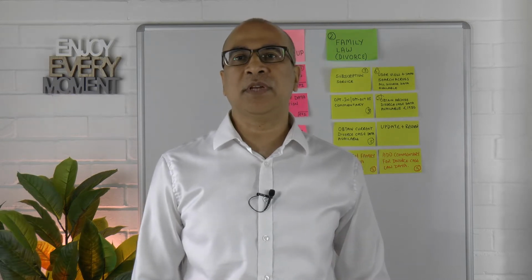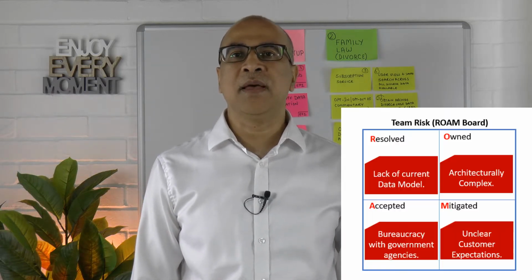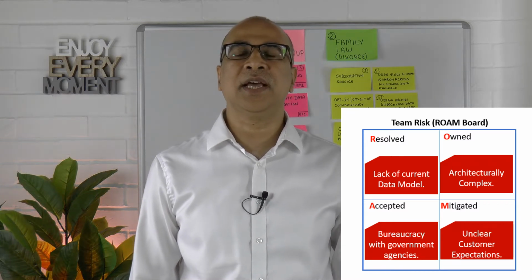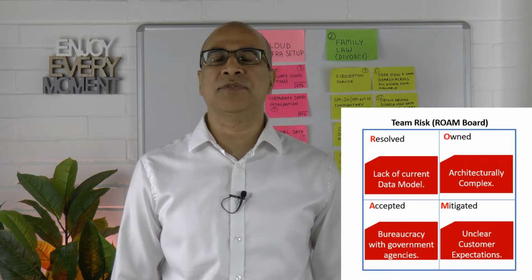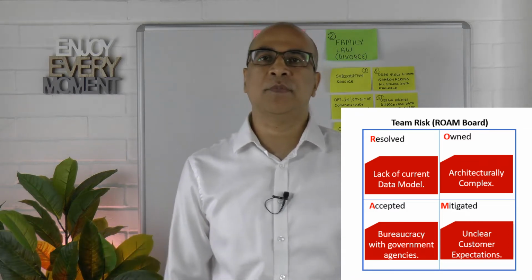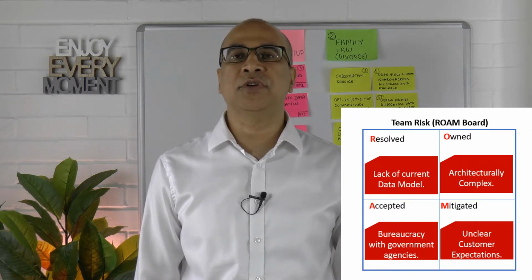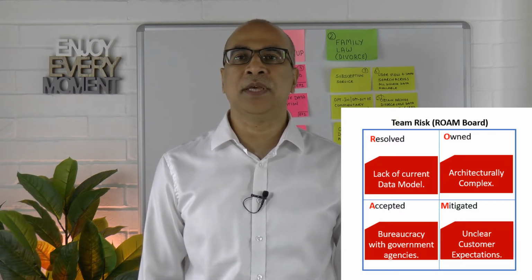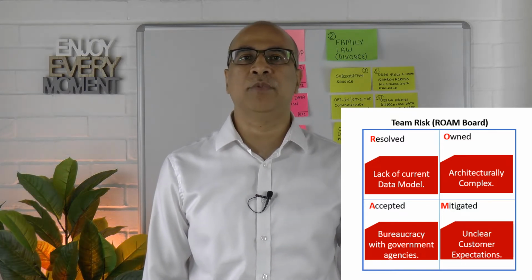So with bureaucracy with government agencies, to some degree, we are going to have to accept the fact that there's bureaucracy there. But in actual fact, we can take mitigating responses. For example, we could assign an individual to help with the liaison and the interactions with that.